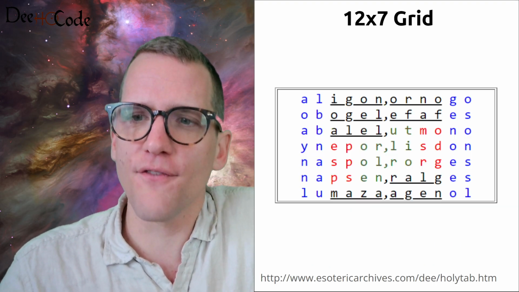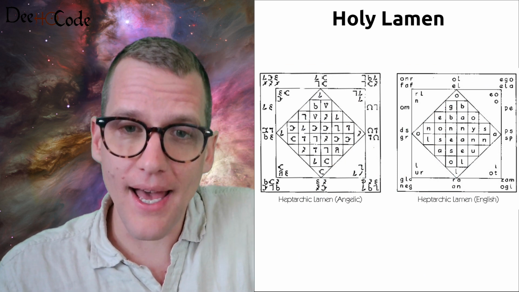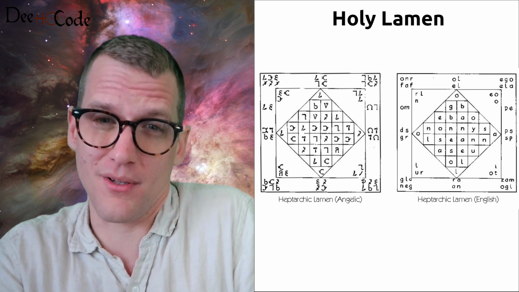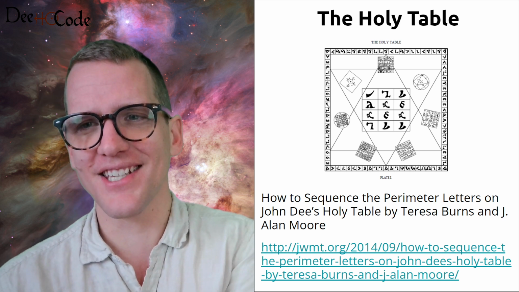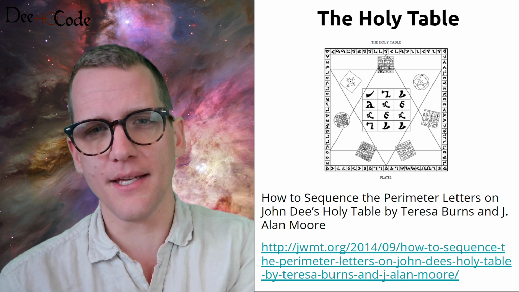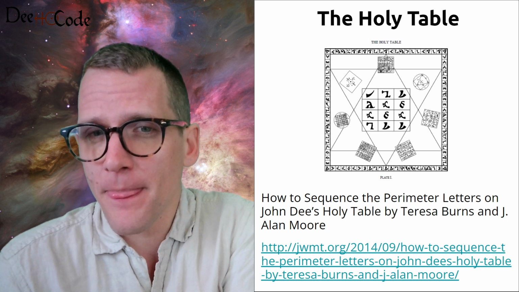So there's a lot of meaning unfolding here that is complex, but it is not actually undecipherable. So here's the Holy Table. Like I said, there seems to be a lot of complexity here, but it is reducible to geometric forms that seem apparent, right?